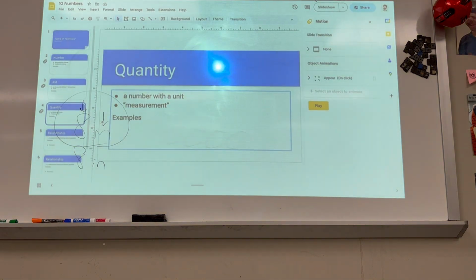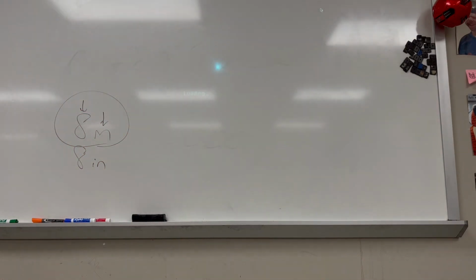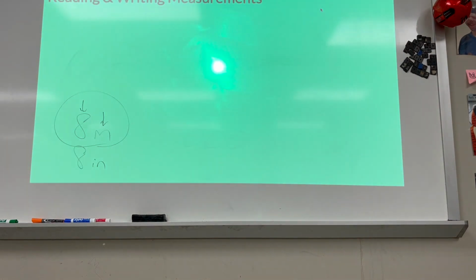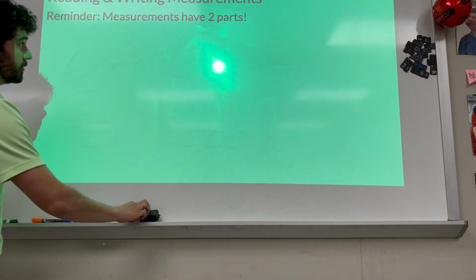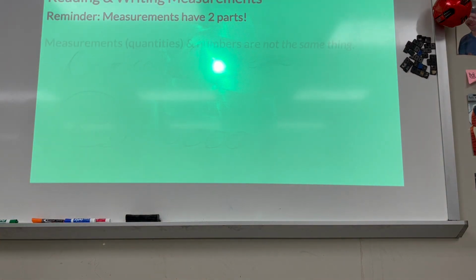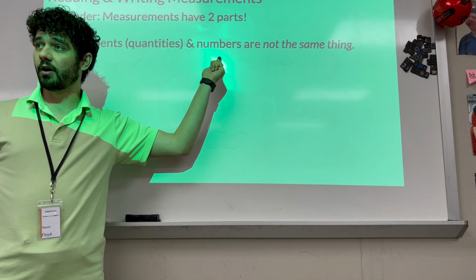Now let me skip over to these slides, and I'm actually going to skip a few slides. When we have a measurement, it needs two parts. It has a number and a unit. Measurements or quantities are not the same thing as a number. The reason I'm emphasizing this is because the way you write a number is not always important.